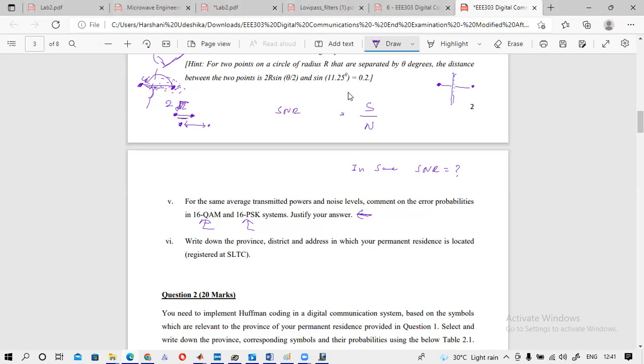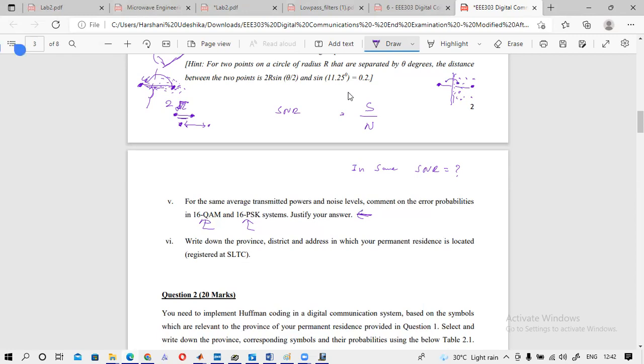Now when you transmit the signal, some noise will be added to it, and it can be anywhere here. If this distance is very small, sometimes even a very small added noise power can shift this point to the other region.